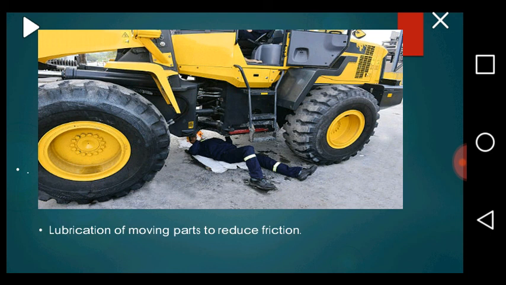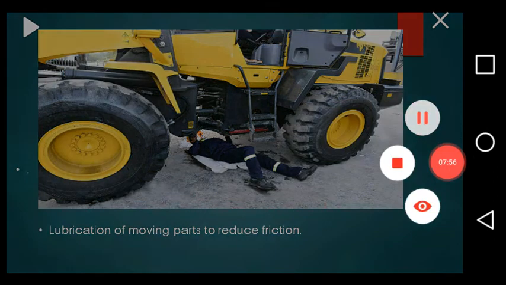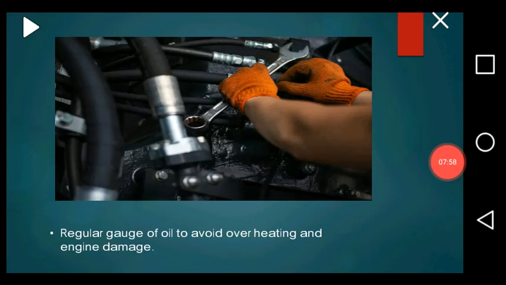Regular cleaning of the carburetor of a machine will help to prevent dirt from blocking the jets for petrol. 3. Gauge oil regularly to prevent heating up and damaging of the machine.